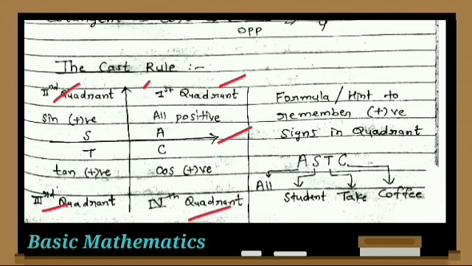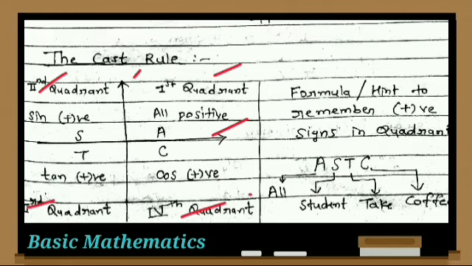That means every function has its own properties in each quadrant. Okay, now I have written here all positive. That means all six functions are positive in the first quadrant. No function will be negative in the first quadrant.